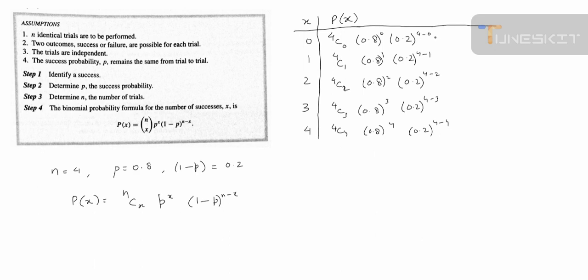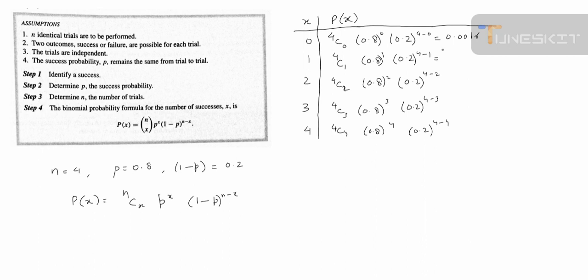Now, using your calculator, you can easily work out the probabilities. 4C0 is 1, 0.8 to the power 0 is also 1. So 0.2 to the power 4 is the only factor for which the value has to be worked out. That's 0.0016.